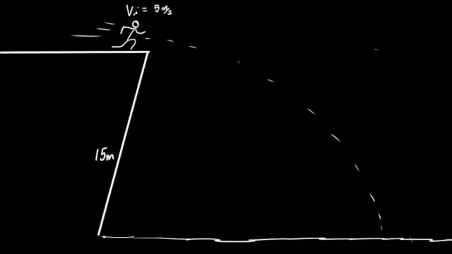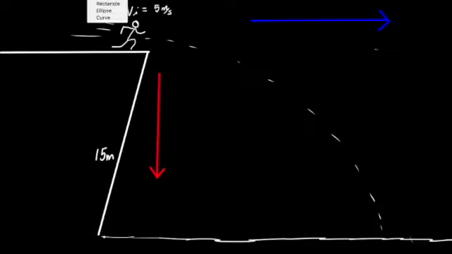The first key thing is that we have two different things going on, one in this direction and one in this direction, and they are happening independent of each other. The horizontal motion is independent of the vertical motion.